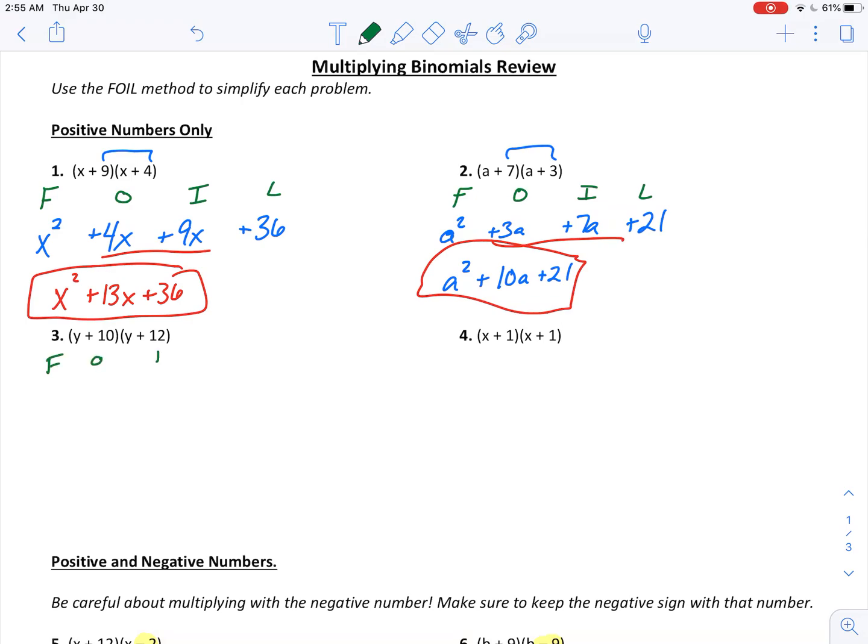So FOIL. First product would be y squared. The outers would be y times 12 is 12y. The inners would be 10y. And last would be 120.